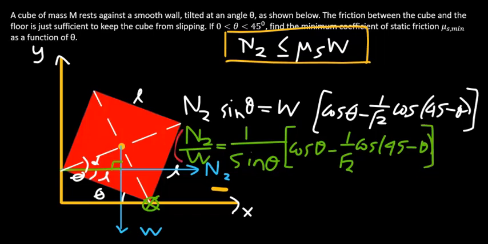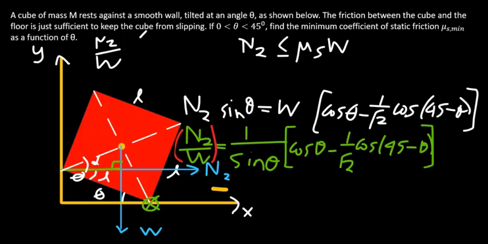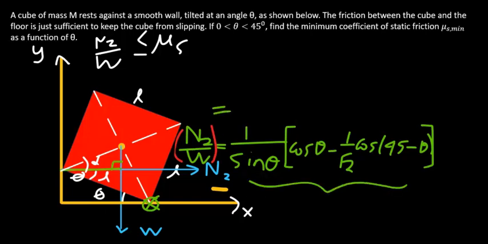Why are we choosing to work out this ratio? Because in this inequality, there is such a ratio: N2 over W is less than or equal to the coefficient of static friction. So let's work out the right-hand side.